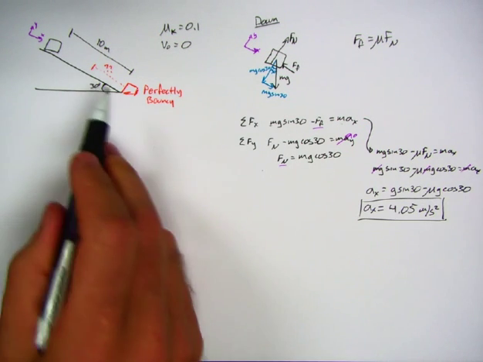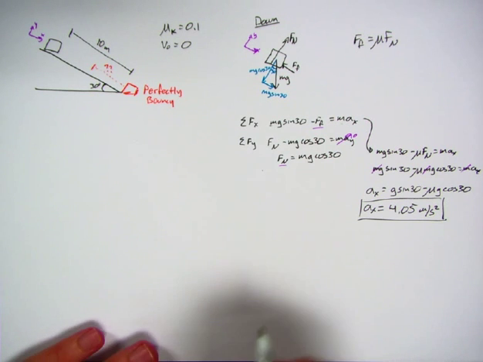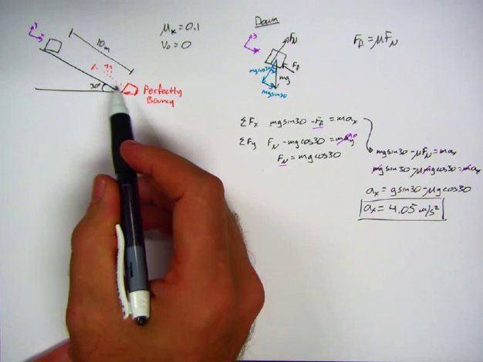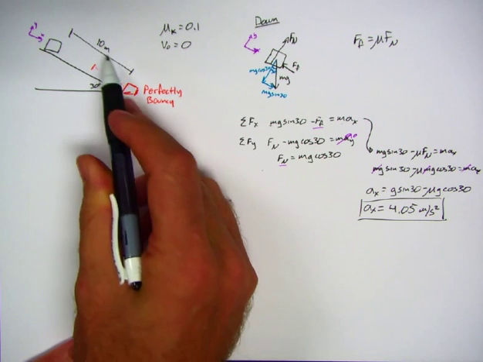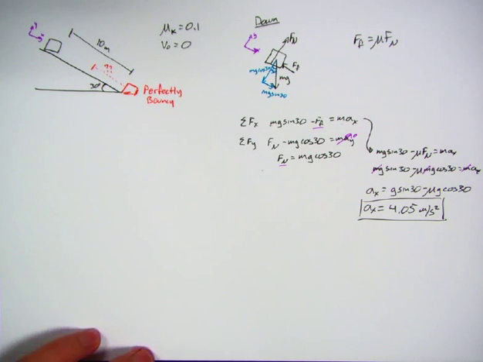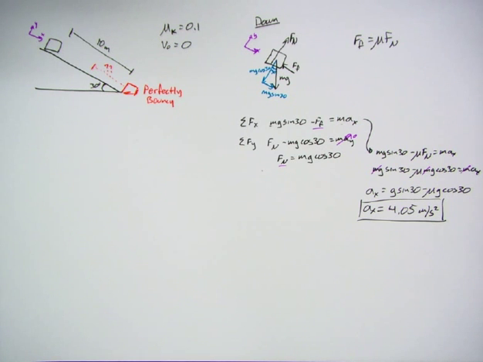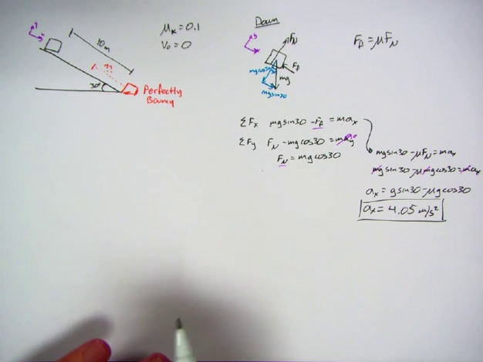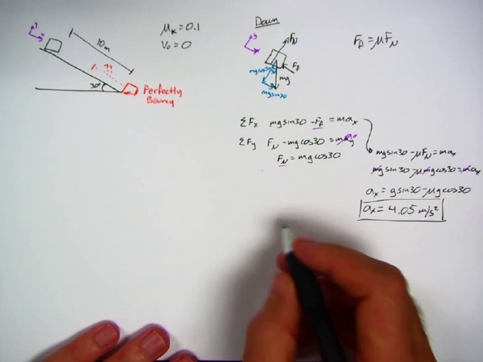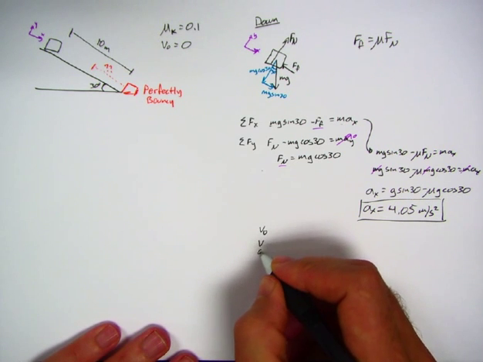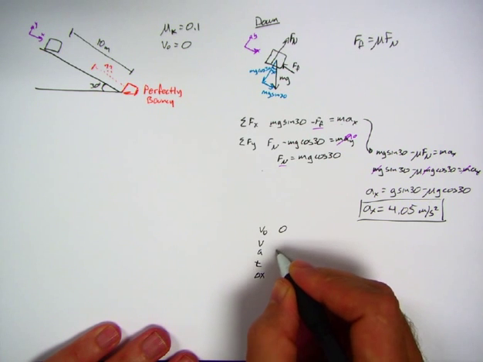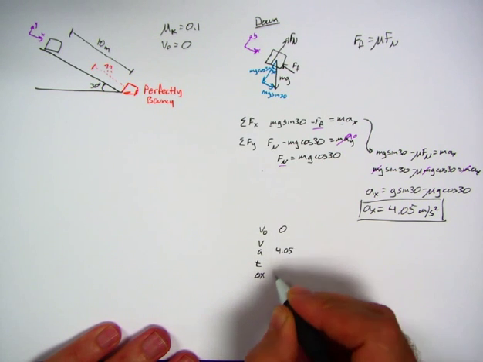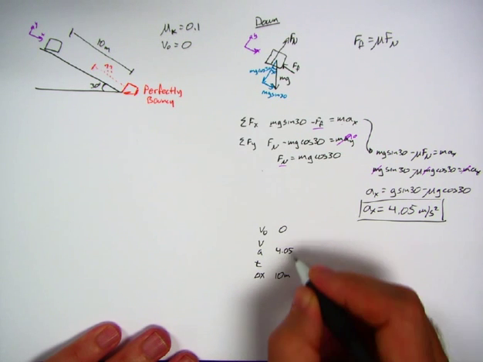That's for my trip down, and I can now figure out what my velocity is here. I know the distance, so I can find my velocity and see what happens. So I know v0, v, a, t, delta x: initial velocity is 0, acceleration 4.05, delta x is equal to 10 meters.